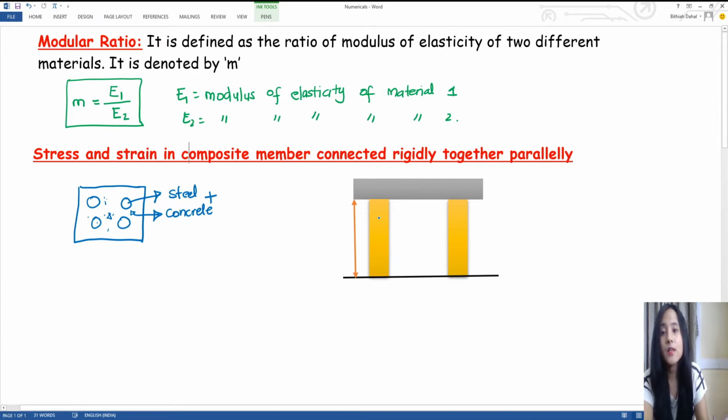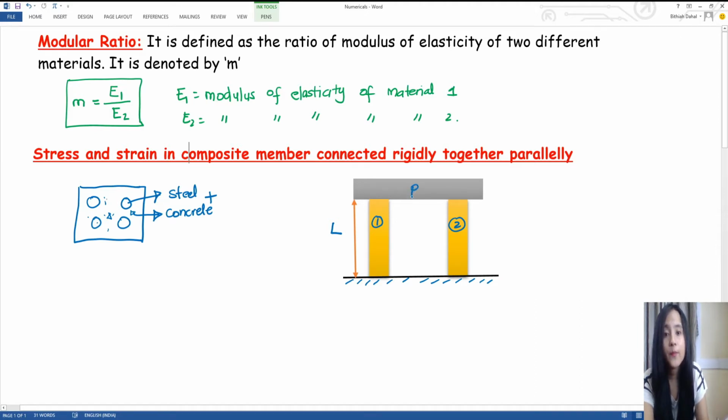Similarly, let us consider a composite material of length L, connected rigidly at its base, and made out of two different materials. Let these be material 1 and material 2, and they are carrying a compressive load P from above.